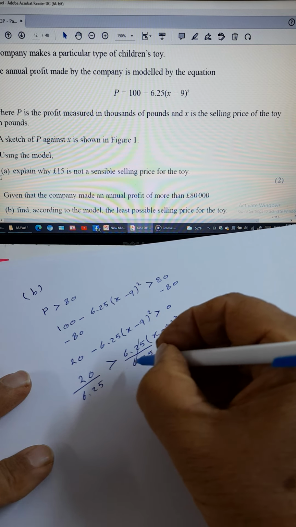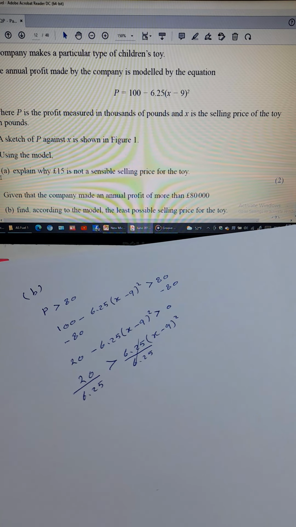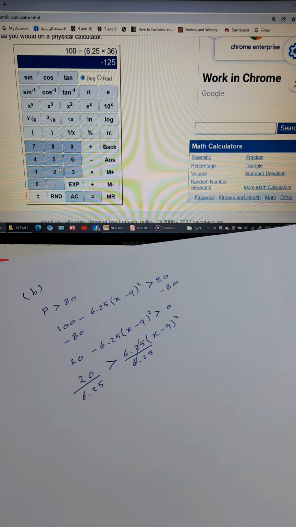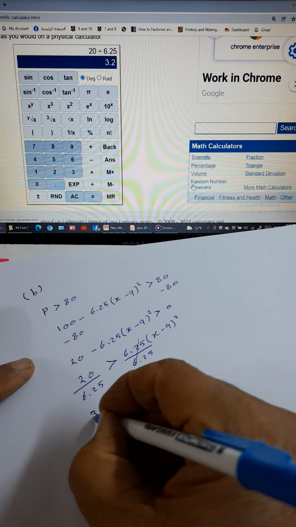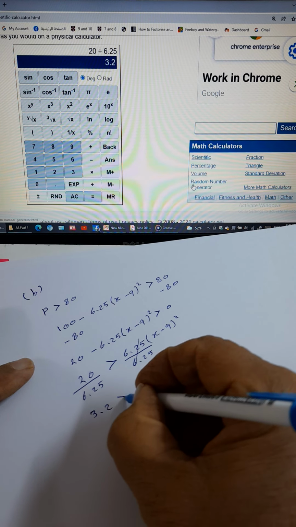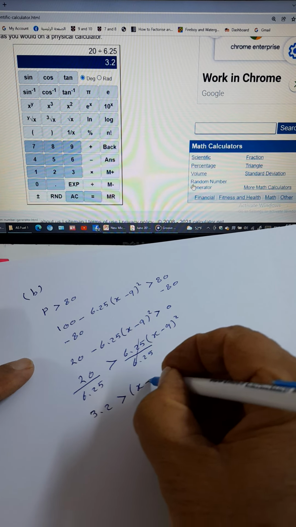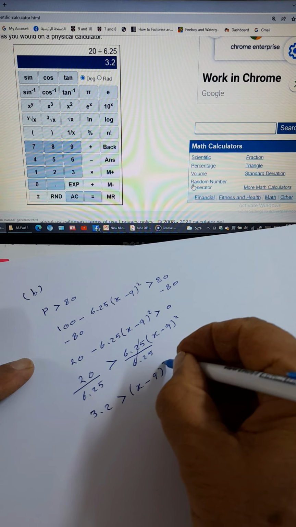This cancels out, and this figure is, using the calculator, 20 divided by 6.25 equals 3.2. So 3.2 is greater than x minus 9 squared.